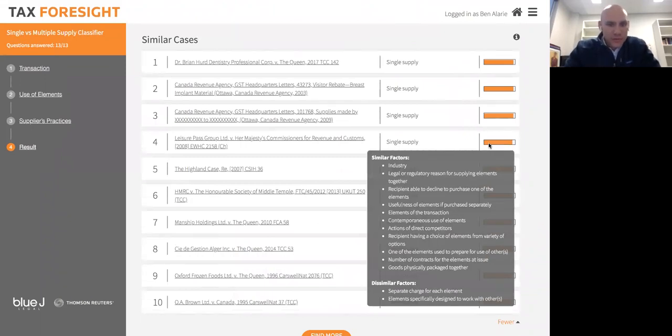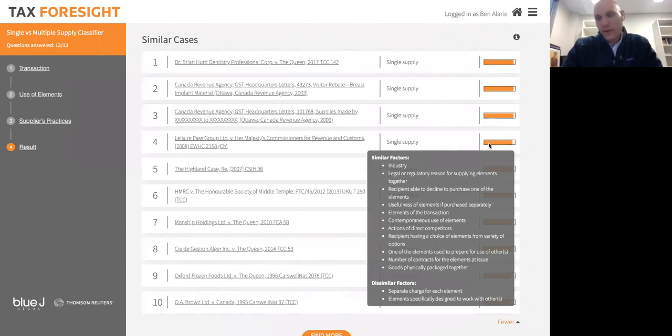Leisure Paths Group Limited, this is a UK case. In that UK case, what we see is that there are a number of very similar factors, and then some factors that are dissimilar, right? So in that case, there was not a separate charge for each element, and the elements were not specifically designed to work with each other.